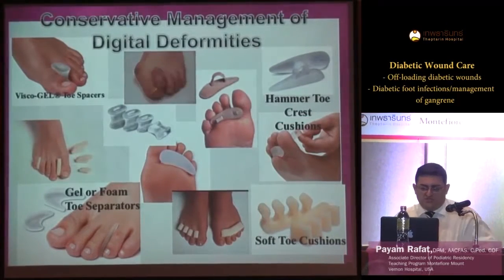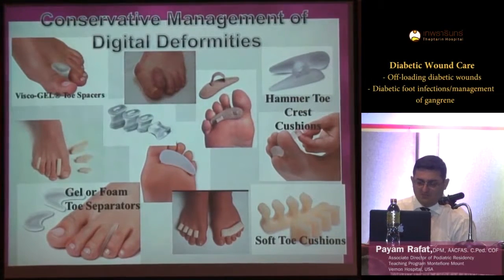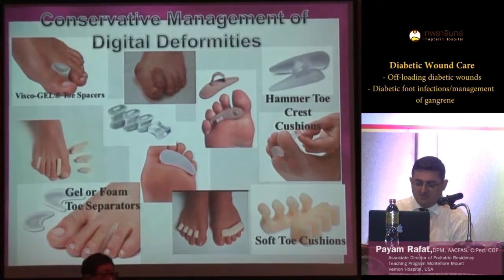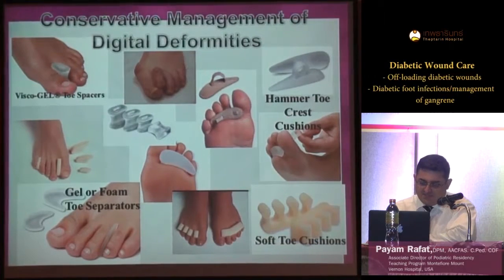So some conservative measures for digital deformities include toe spacers, whether they be silicone or foam-based. There are some digital crest pads that can be utilized to decrease pressure underneath the distal aspects of the toes by placing the material underneath in the crest area.